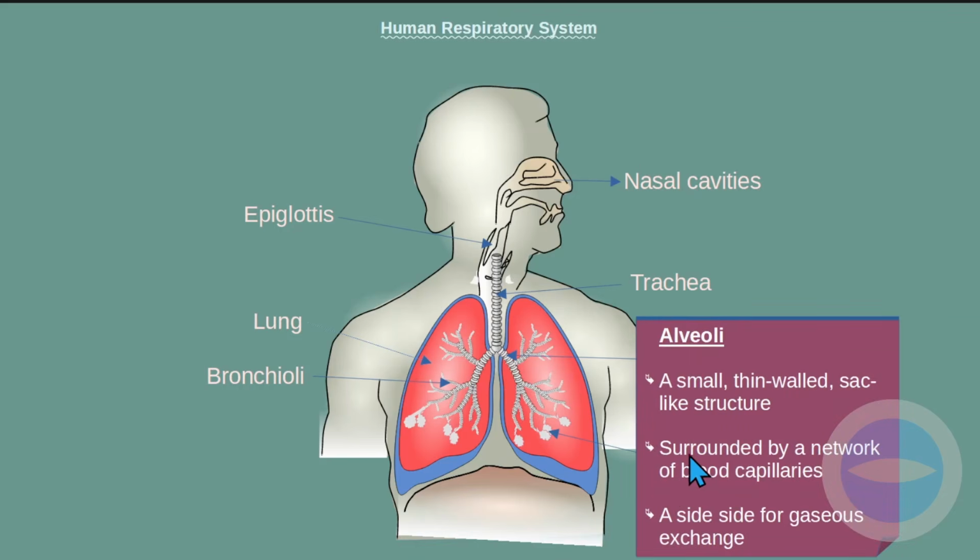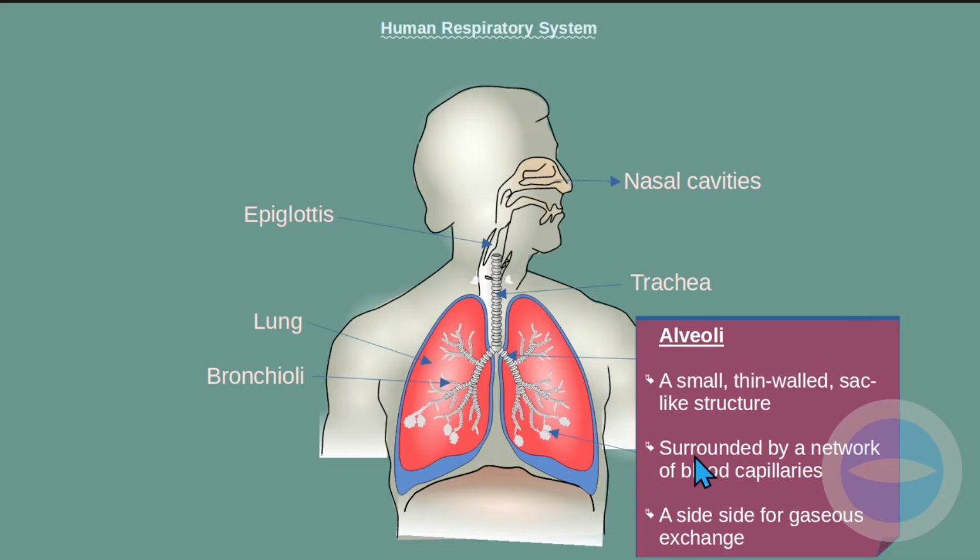The alveolus is the sac-like structure. So let's look at the alveolus. The alveolus is a small, thin-walled sac-like structure, more like a bag or a sac. And then they are surrounded by a network of blood capillaries. That is where gas exchange is taking place. Gas exchange takes place in the alveolus because the alveolus is surrounded by blood capillaries.